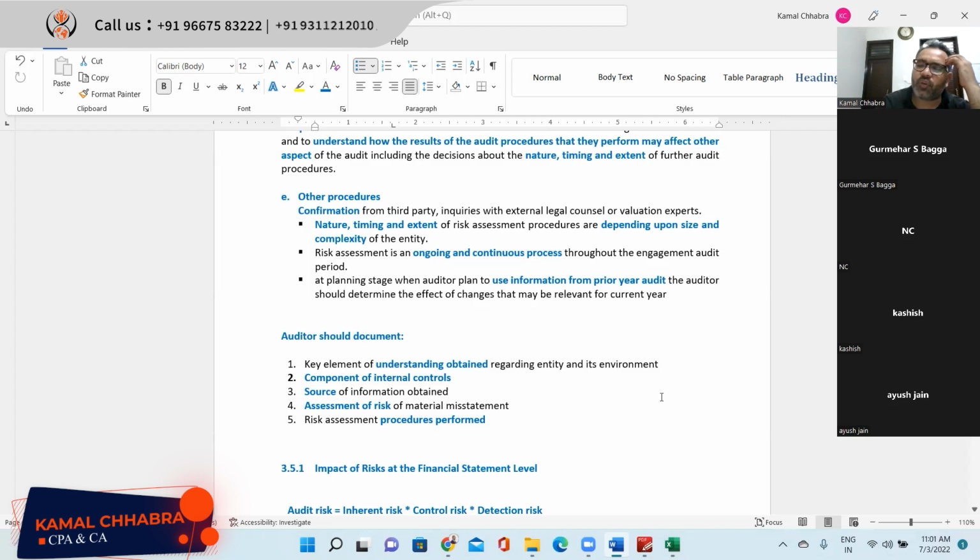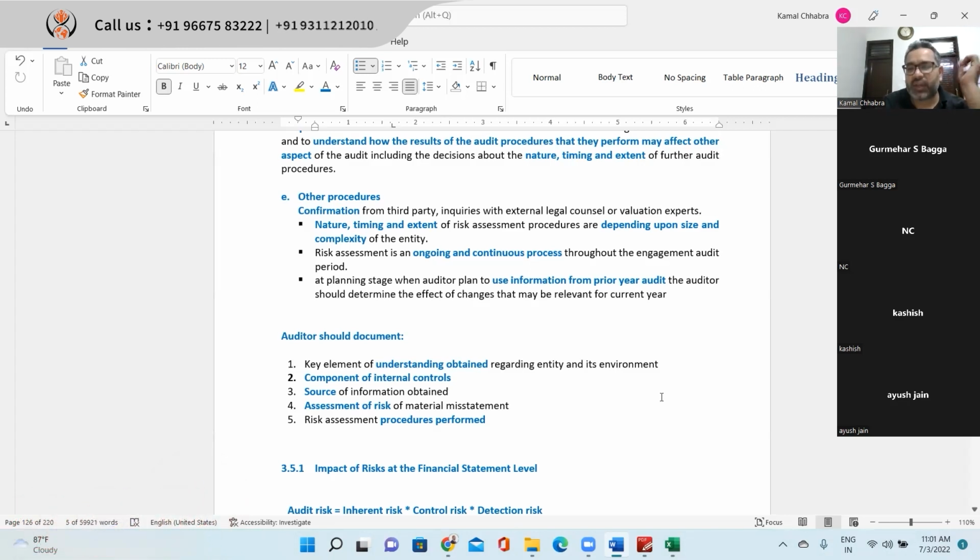Sometimes, for example, if you're testing valuation of securities, from which stock exchange you have taken the prices. It is mandatory to mention the respective stock exchange, date, and timing at which you took the market value. In the same way, if you are making an inquiry with the management, from whom you have inquired, and whether that person is competent and capable enough. All those things you need to document properly in your audit work paper documentation.